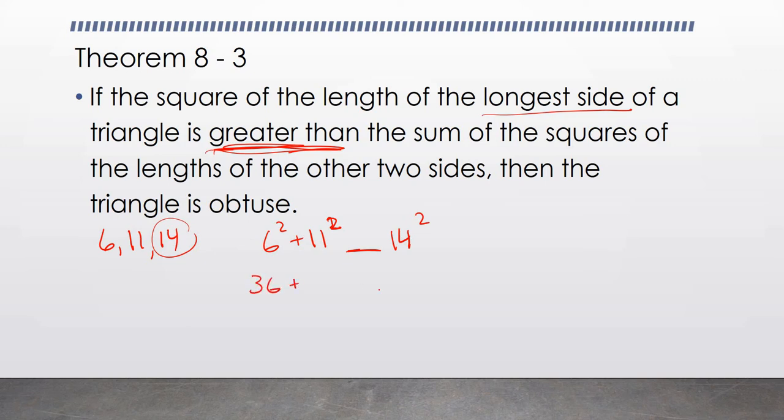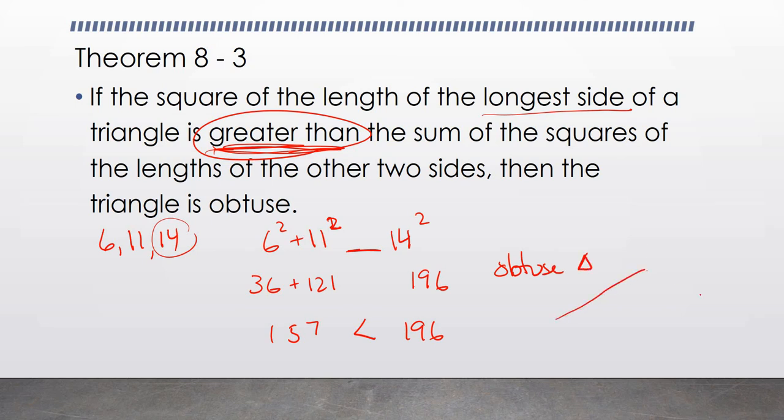So 36, oh, I'm sorry, I did this wrong. 36 plus 11 squared, which is 121, gives 157, and 14 squared is 196. And in this case, the square of the length of the longest side is greater than the sum, so this is an obtuse triangle. I hope we remember that obtuse means that it has an angle greater than 90 degrees.